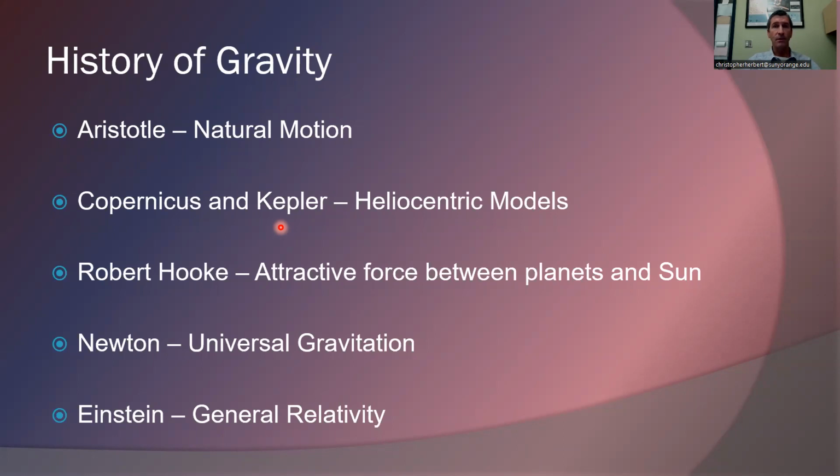We'll talk about Kepler's laws for planetary motion. This was really explaining the motion of the planets, much like we did with kinematics. We explained the motion of objects, but didn't explain the why.